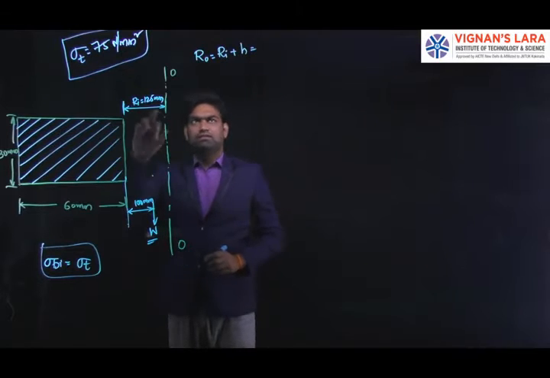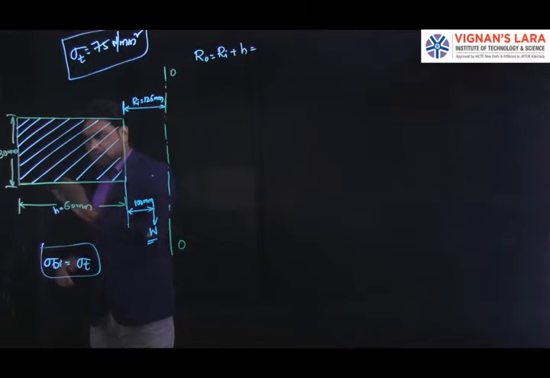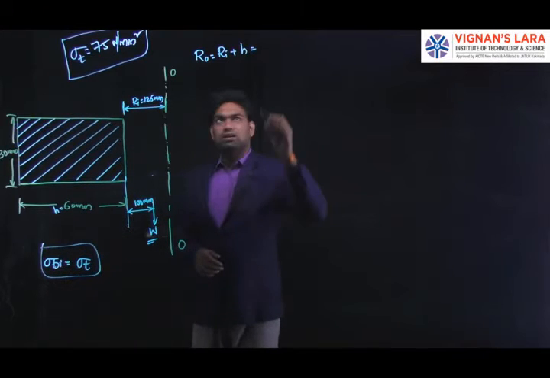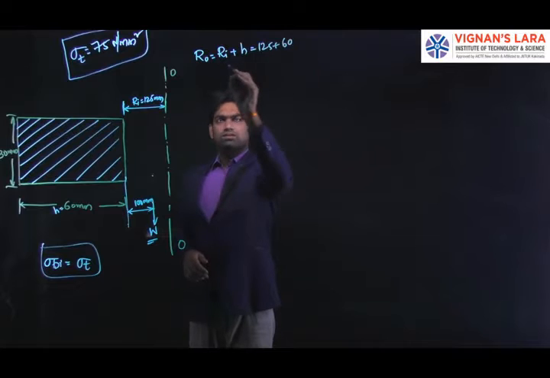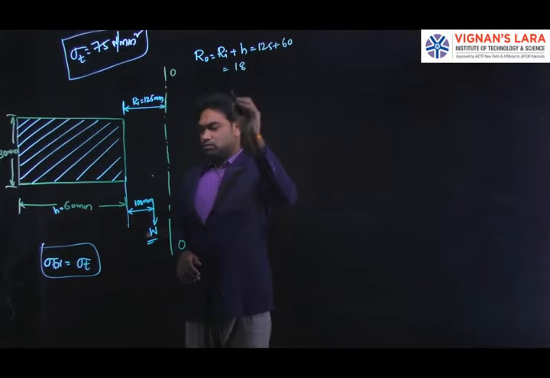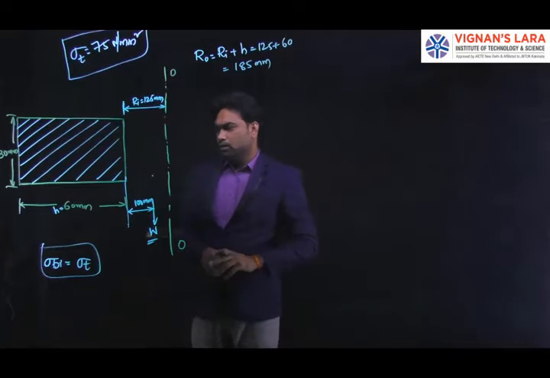So Ri is given as 125, and R naught, that is the depth, can be represented by H, and the width is represented by B. So H is known, 60. So 125 plus 60, we get 185. Clear?